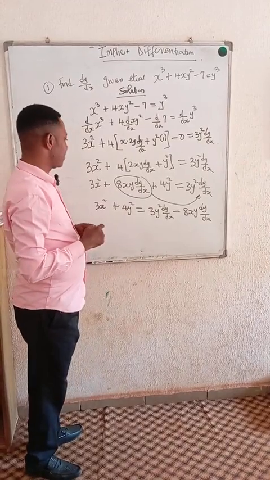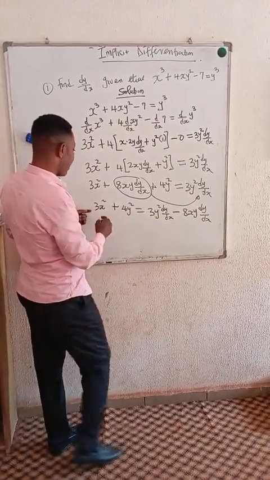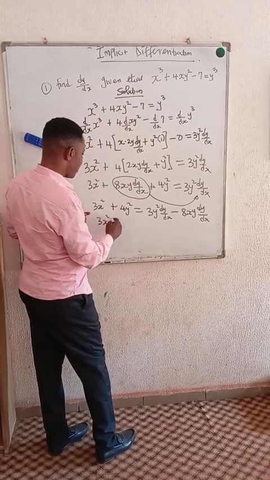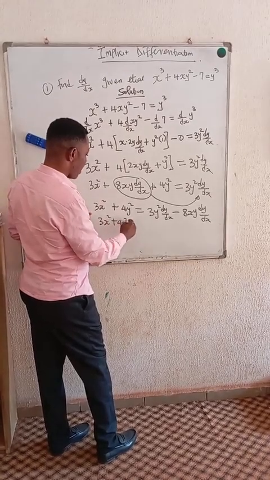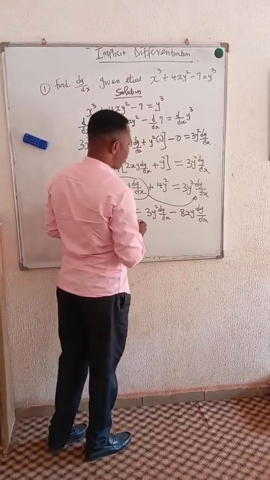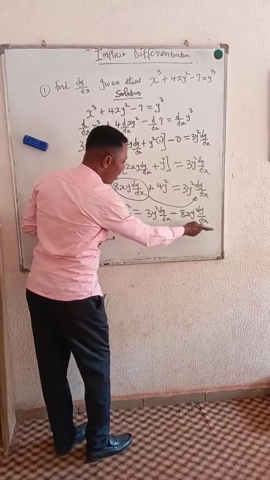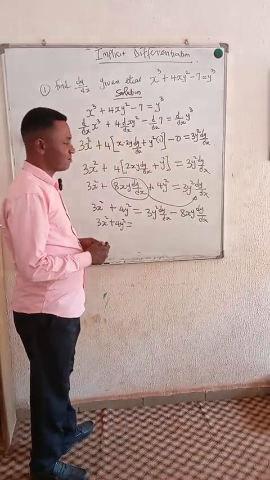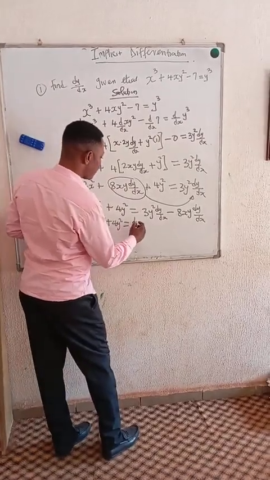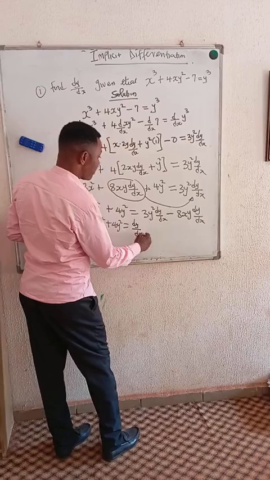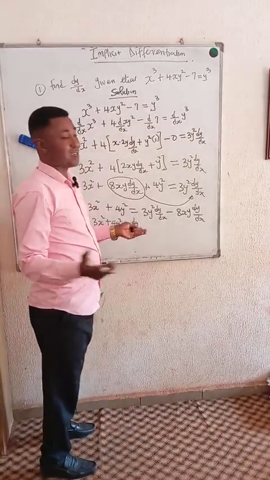Are we okay? So now, what are you going to do? Here, 3x squared plus 4y squared equal to, when you check what is common here, we have dy/dx here, and we also have dy/dx here. So let's just factor out dy/dx.